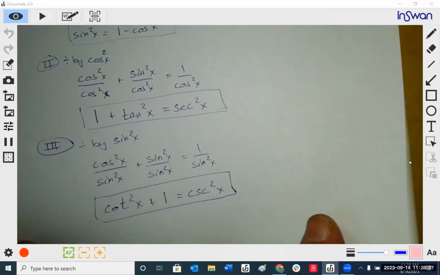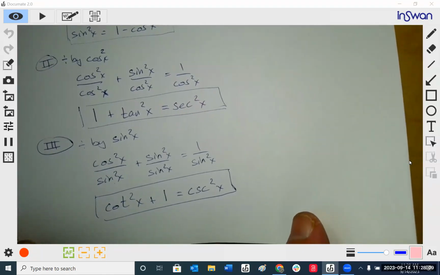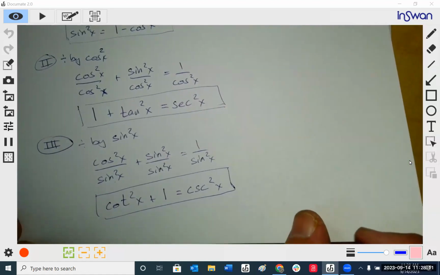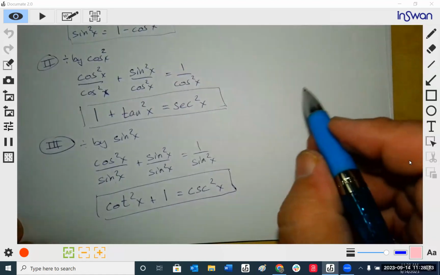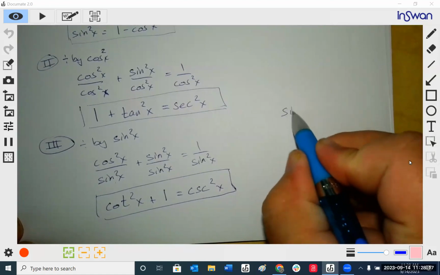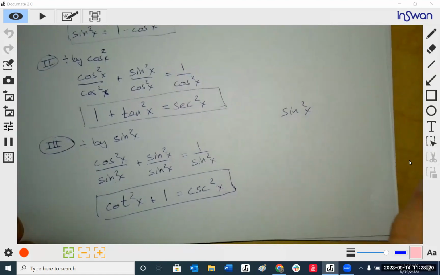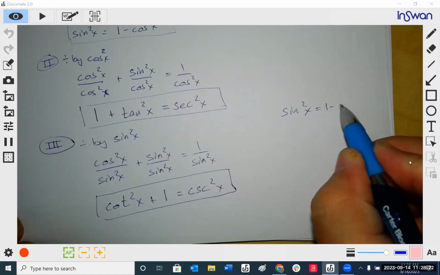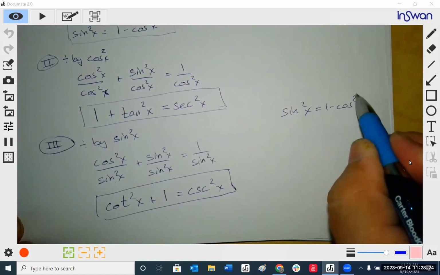All right, so let's look at some trigonometric identity examples. Rule of thumb is this: if you have in a problem something like sine squared x, yes, we could say it's 1 minus cosine squared x, but we're still stuck with that.